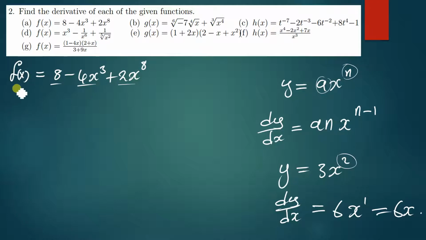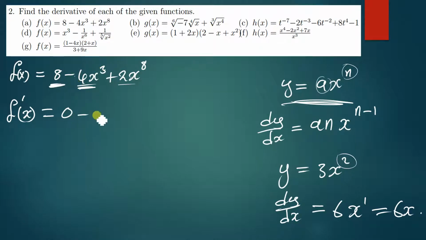So given that the function is f of x, the derivative of f of x is denoted by f prime of x, which is equal to, so the derivative of any constant, any number that has no variable, is 0. And then for this one, we're going to apply the power rule. So 3 times negative 4, the answer is negative 12.